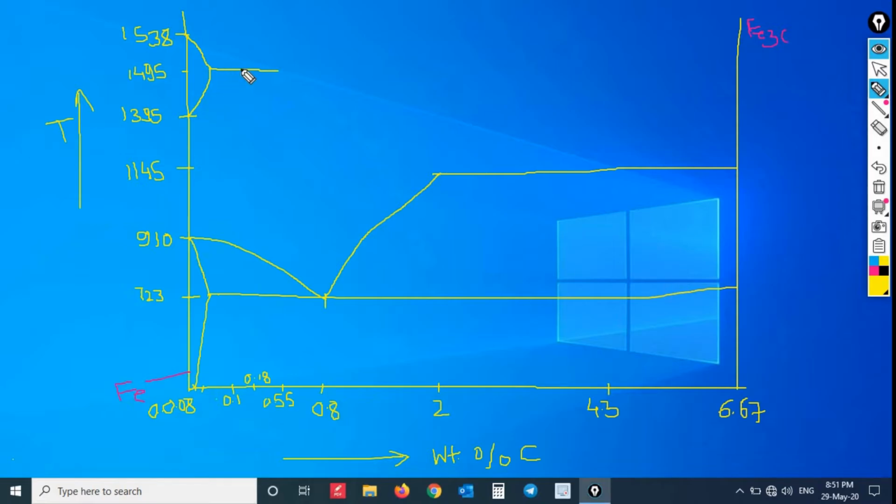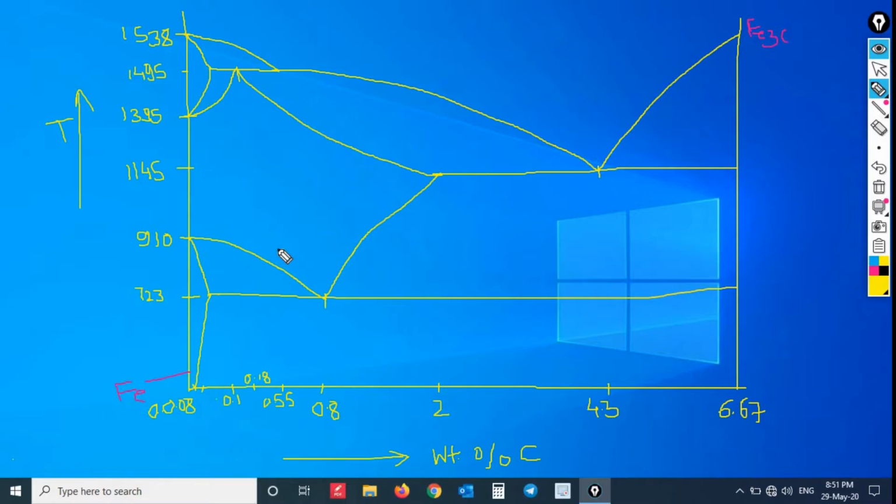The upper line we take up to 0.55 and the lower, from 1395 degrees Celsius, up to 0.18 percent of carbon. Then take this line from here and join it up to 2 percent. Take this line and join it up to 4.3 percent of carbon. Then again take 4.3 up to this. So this is just a rough outline of the iron carbide diagram.